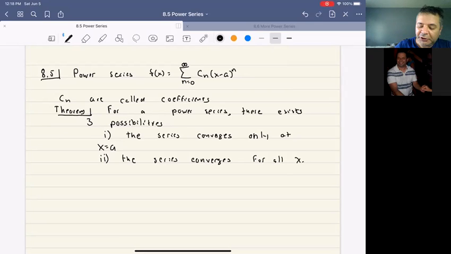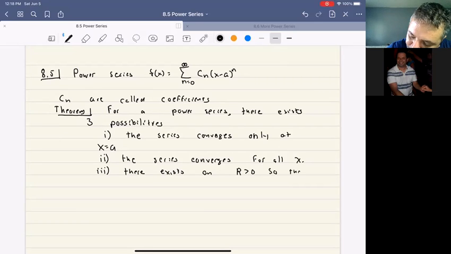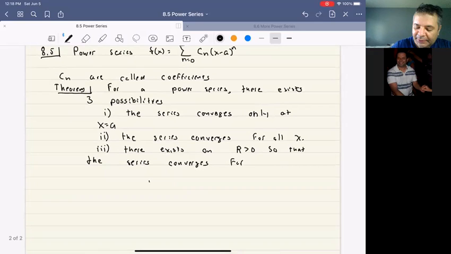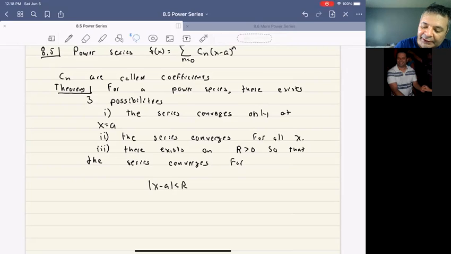And then the third possibility is that there exists some r so that the series converges for absolute value of x minus a less than r, and it diverges if absolute value of x minus a is bigger than r.